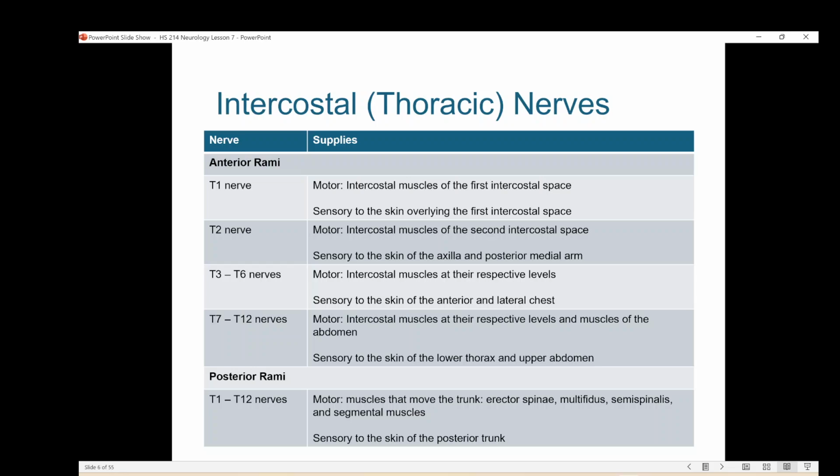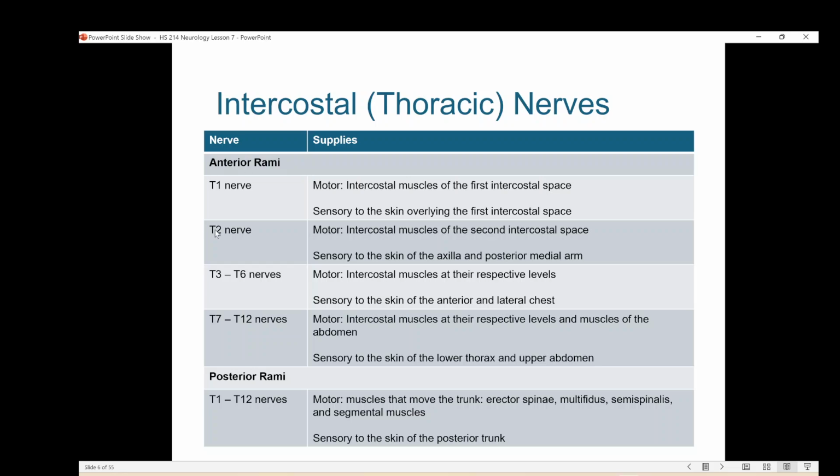So here's a table that shows the anterior rami as well as the posterior rami as far as what they're innervating. Let's do the anterior rami first. The T1 intercostal nerve has both motor and sensory. The motor is going to be to the intercostal muscles of the first intercostal space, and it's going to do sensory to the skin, again, overlying that first intercostal space.